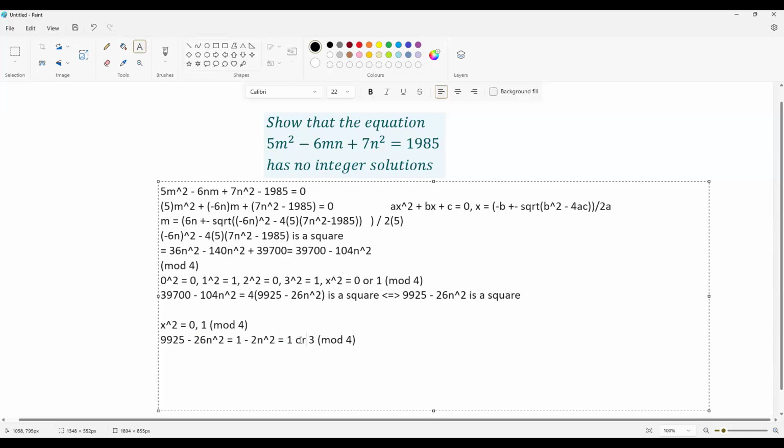This doesn't really do much, because a square can be congruent to 1 mod 4, and this thing can also be congruent to 1 mod 4. So let's keep trying. Mod 5.